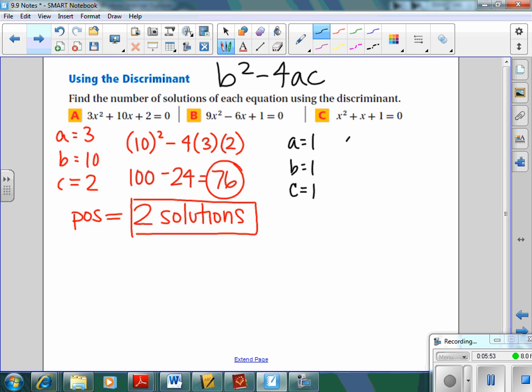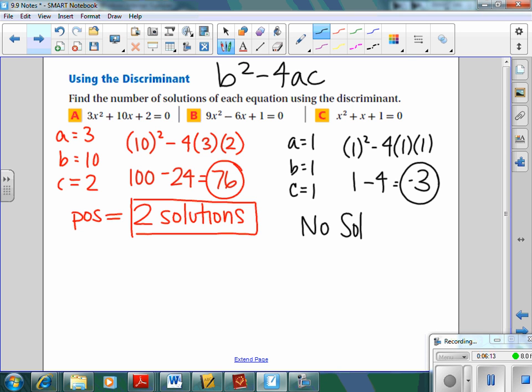B squared minus 4 times 1 times 1. So I get 1 minus 4, which gives me a negative 3. Remember, negative 3 is not your answer. It's just telling you that since it's negative, I can't take the square root of it, and it has no solutions. This would be a graph that never crosses the x-axis.